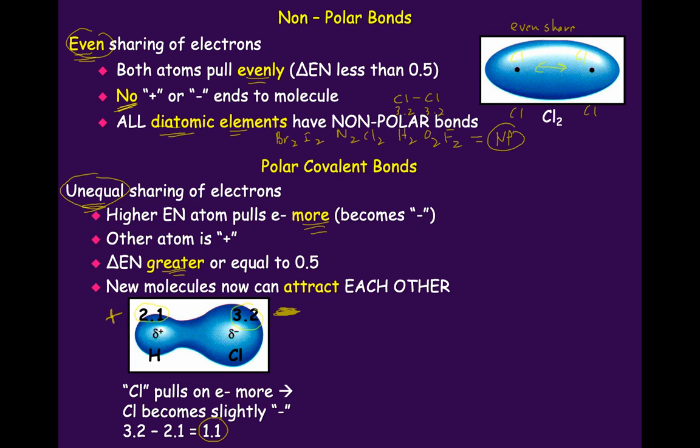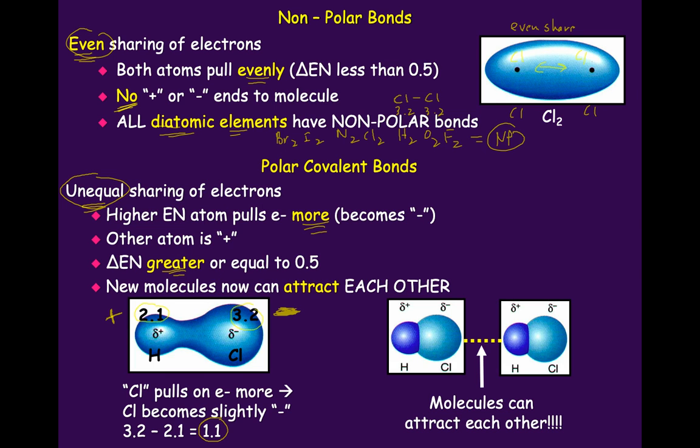Now, what's the consequence of this? Why is this such a big deal? Well, if you have a molecule of HCl next to another molecule of HCl, because one side is negative and the other positive, the negative side of one molecule can attract the positive side of the other.